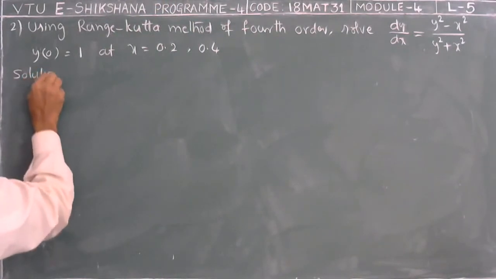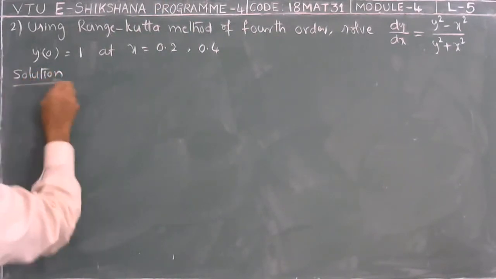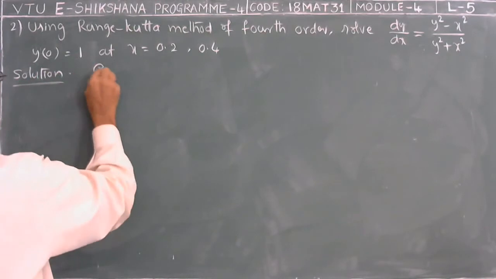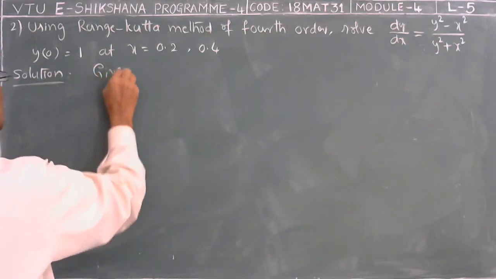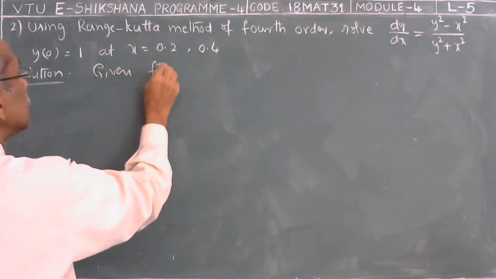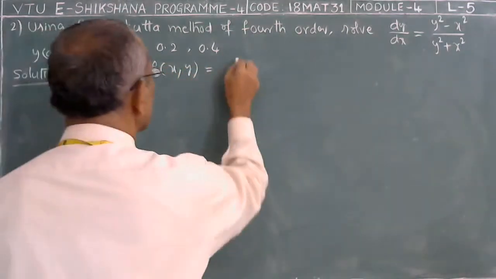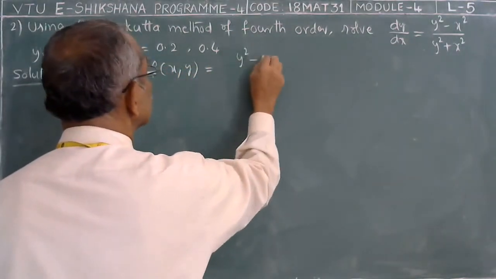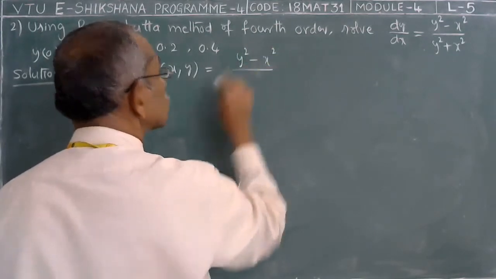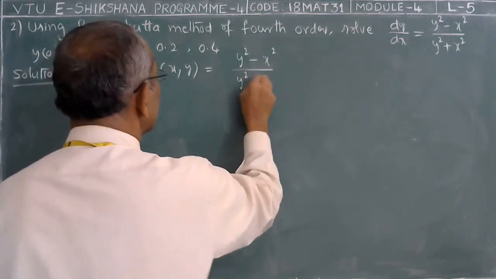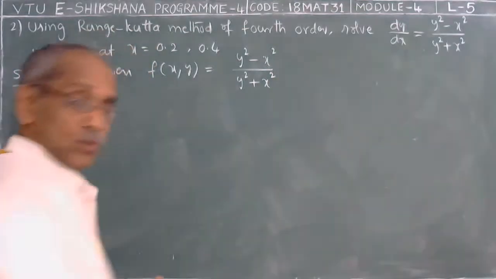The solution part. Let us write the data given: f of x comma y is equal to y square minus x square divided by y square plus x square.